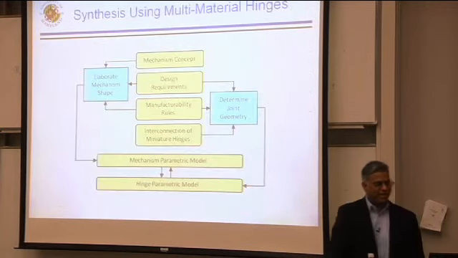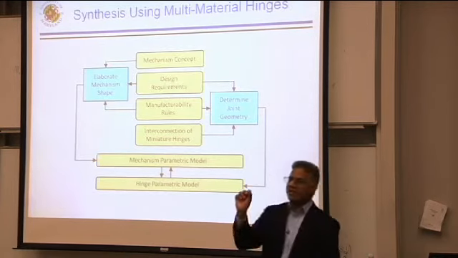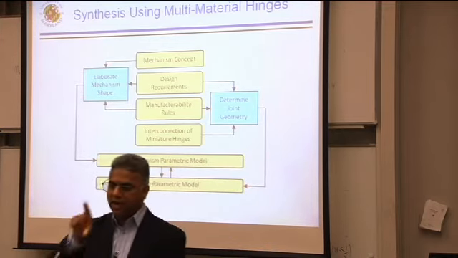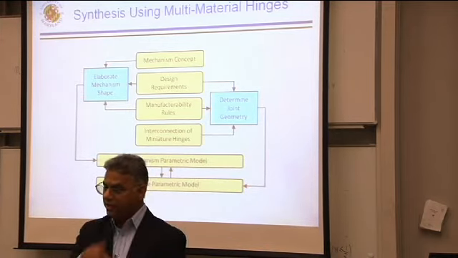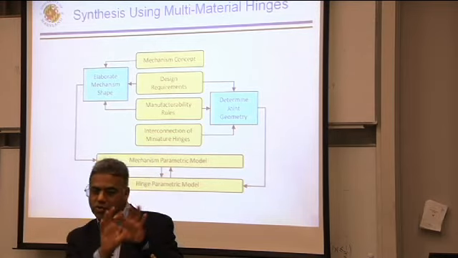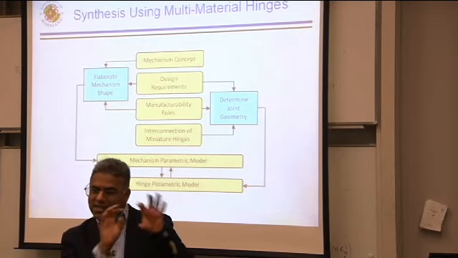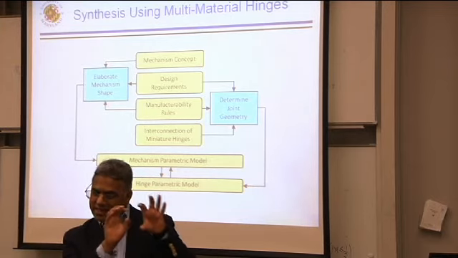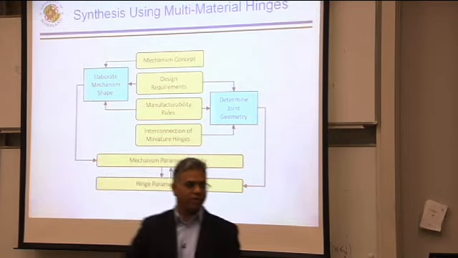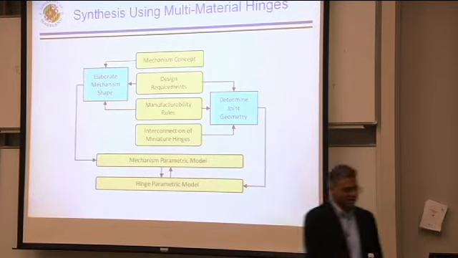Now you have to design very tiny hinges of a compliant material, and the structure, which is going to be a rigid polymer, and you mix the two things together. You do the hinge optimization and synthesis problem, and the mechanism synthesis problem. And it's a multi-shot molding process, right?